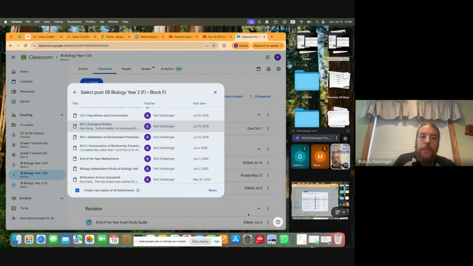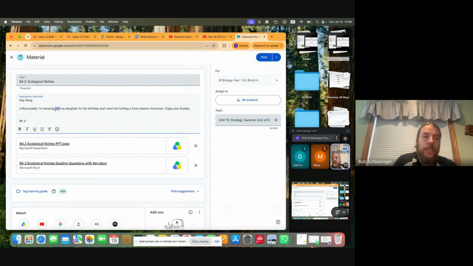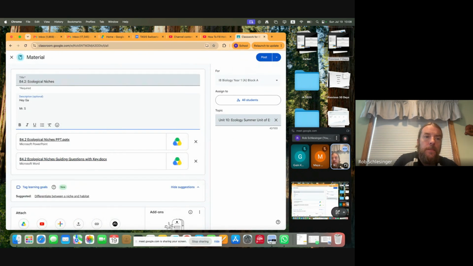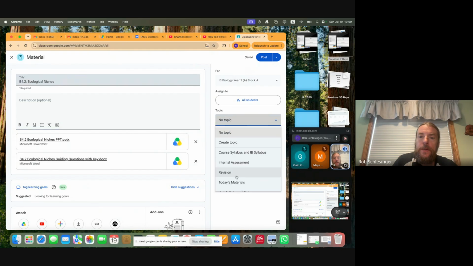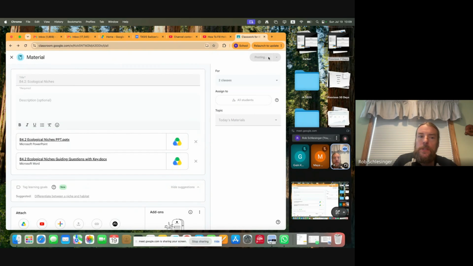B4.2 ecological niches. And I'll put that under today's materials. And we're going block A and block H. And I'm posting. It's all happening, folks. It's all happening.